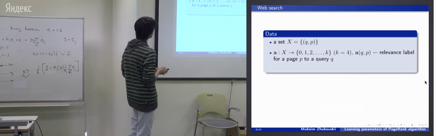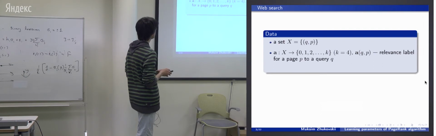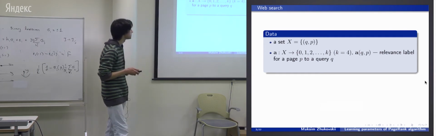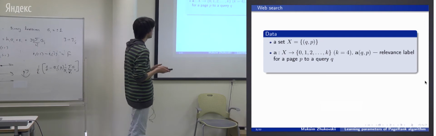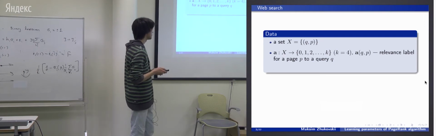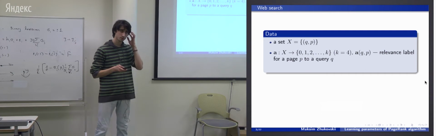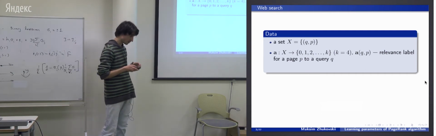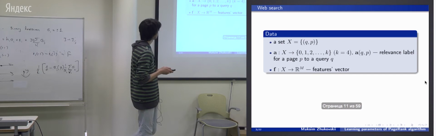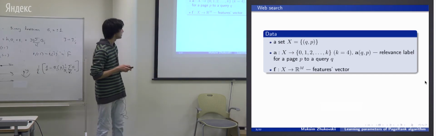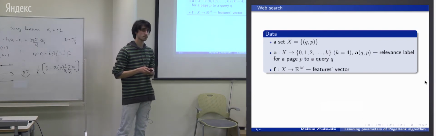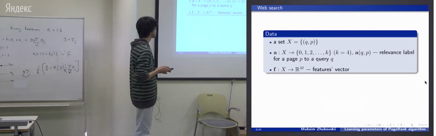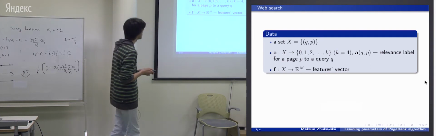And we have a function A from X to a set of non-negative integer numbers from 0 to K. Commonly K equals 4, and A of Q and P is a relevance label for a page P to a query Q. And we also have a function f, so f of Q and P is a feature vector. So we have m real-valued features.